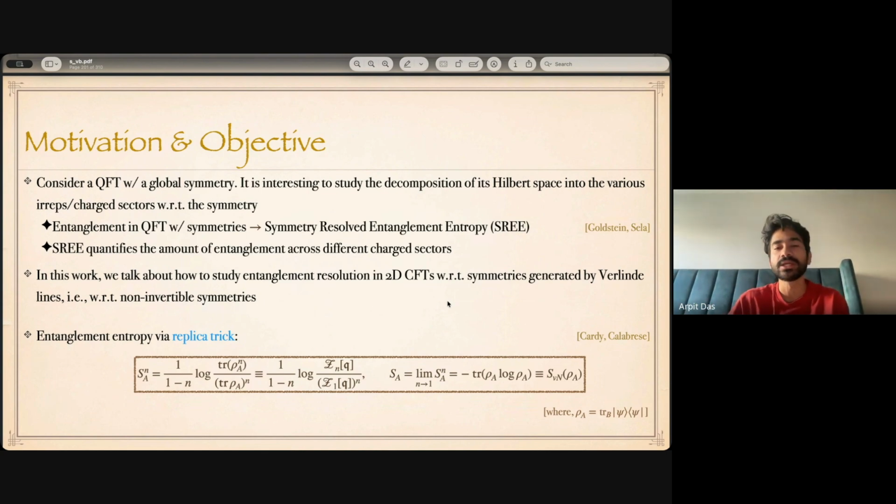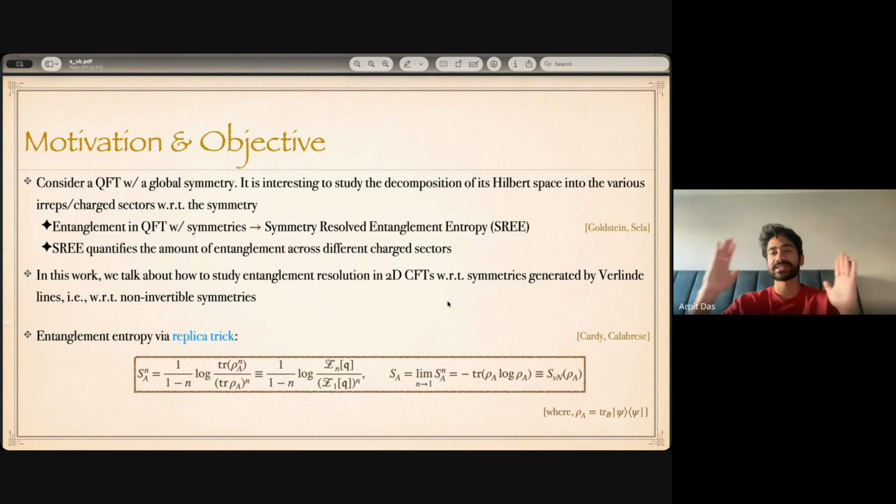Thanks for pointing out. But what we wanted to do is, suppose you have some internal symmetries on top of conformal symmetry, then your Hilbert space can decompose into irreps of that symmetry, or charge sectors of that symmetry. Then you can ask whether those different irreps contribute some entanglement to this total entanglement formula of Cardy.